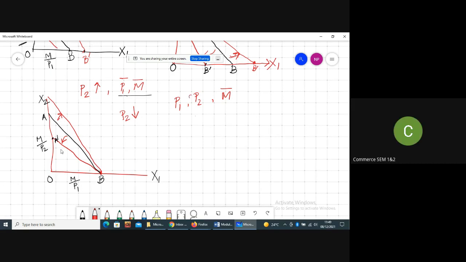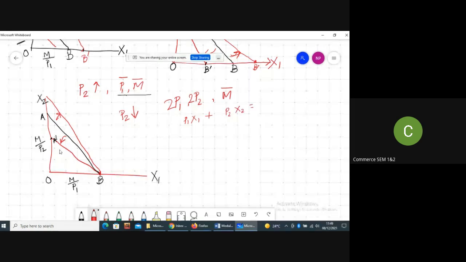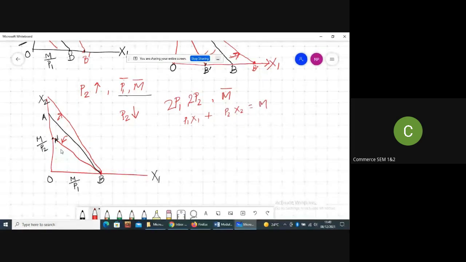ছিল, এখন এটা ডাবল হয়ে 2P1 2P2 হয়ে গেছে। ওকে, that means if you look at the equation of the budget line, আগে ছিল P1 x1 plus P2 x2 equal to your income। এখন কি হয়ে যাচ্ছে 2P1 x1 plus 2P2 x2 equal to m.